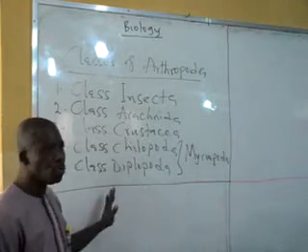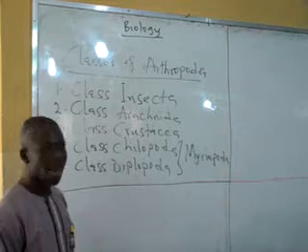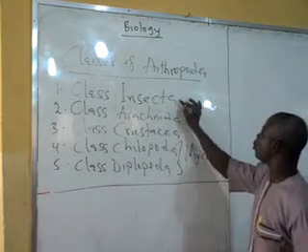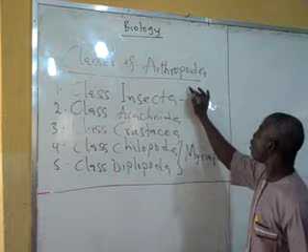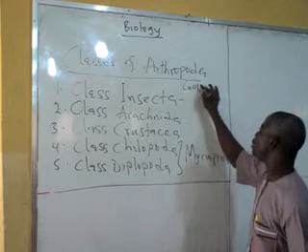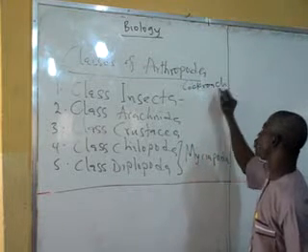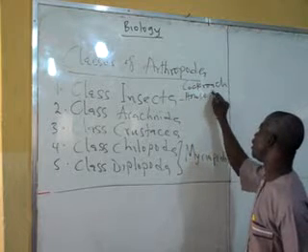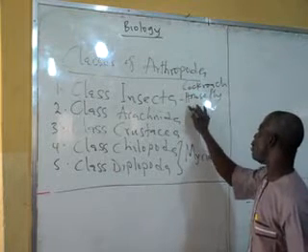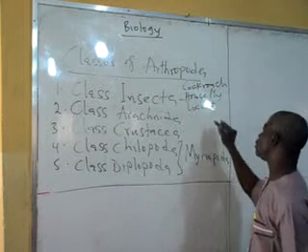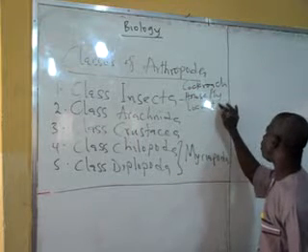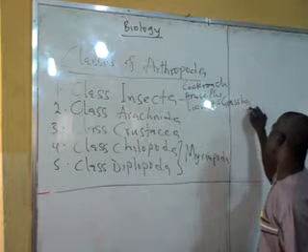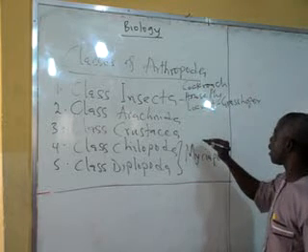We gave examples in that class that the class Insecta includes organisms like cockroach, housefly, then we have the locust, your common grasshopper.